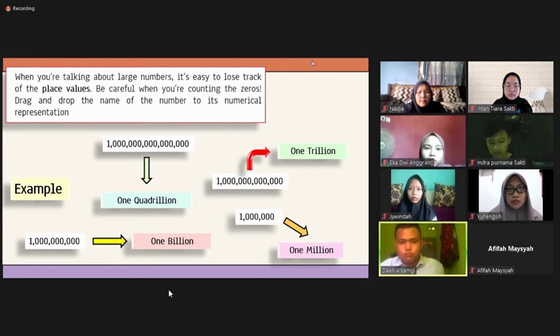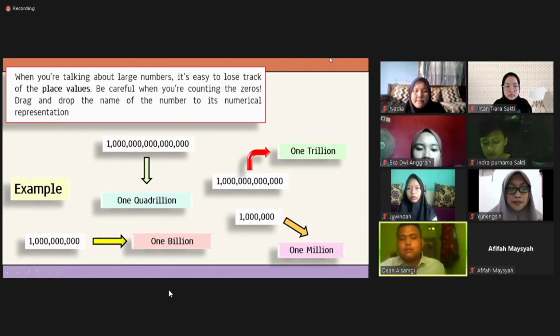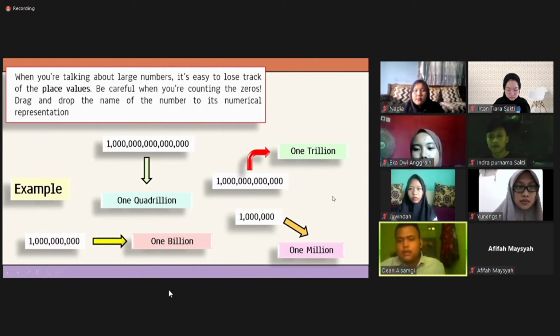Example, a number with one digit of number 1 and 9 digits of zero is called 1 billion, and one digit of number 1 and 6 digits of number 0 is called 1 million, and one digit of number 1 and 12 digits of number 0 is called 1 trillion.